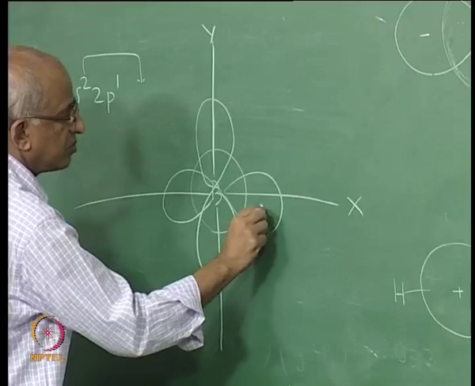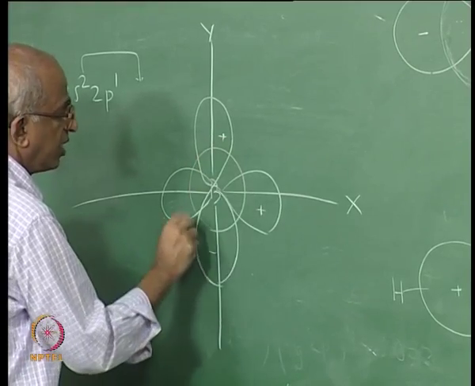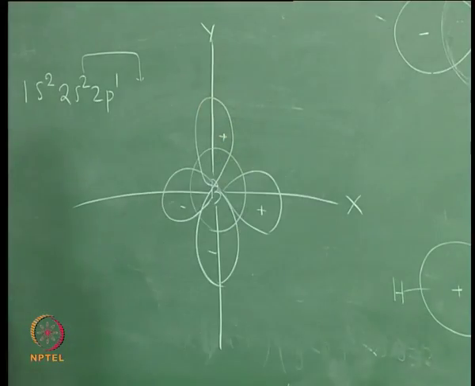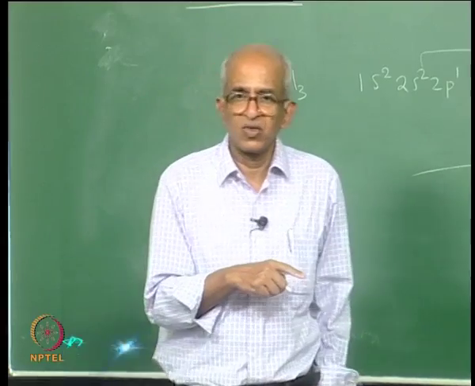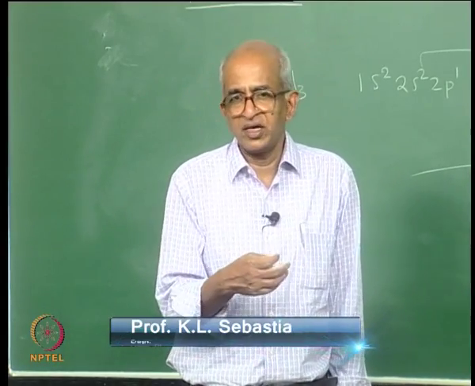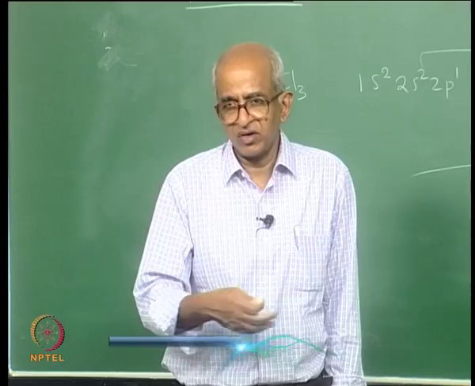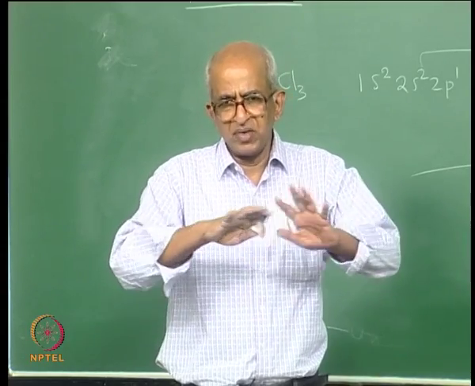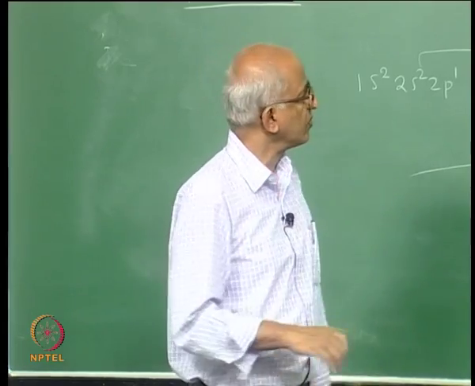So, what is the problem now? The problem is that I would like to mix these 3 orbitals, 2s, 2px and 2py, to get 3 hybrid orbitals, which I will denote as phi 1, phi 2, phi 3, and they should all be completely equivalent to one another.